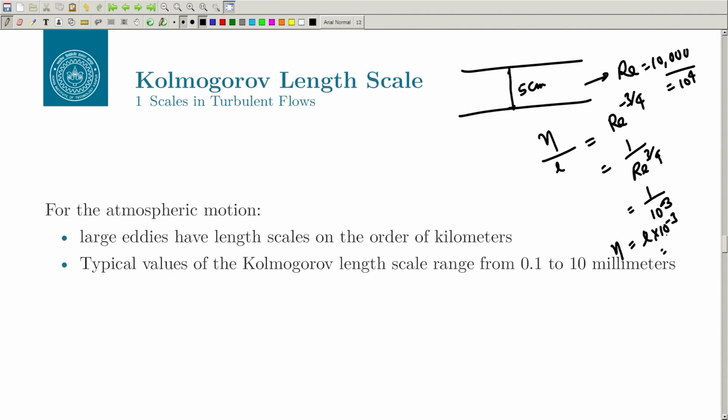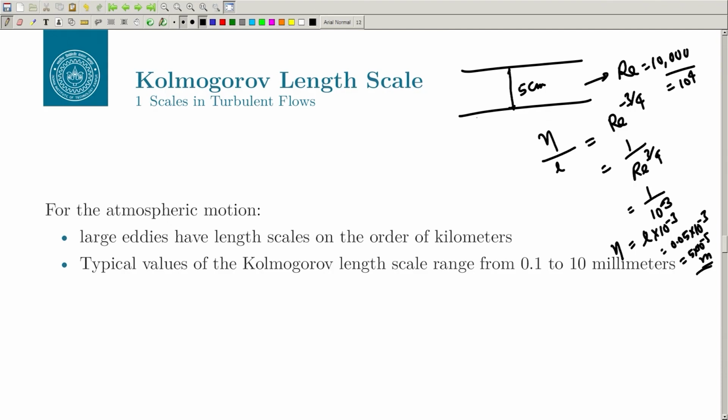L is 5 centimeter, which is 0.05 meter, so eta is 5 into 10 power minus 5 meter. This is what will be our smallest grid size to resolve the Kolmogorov scale.